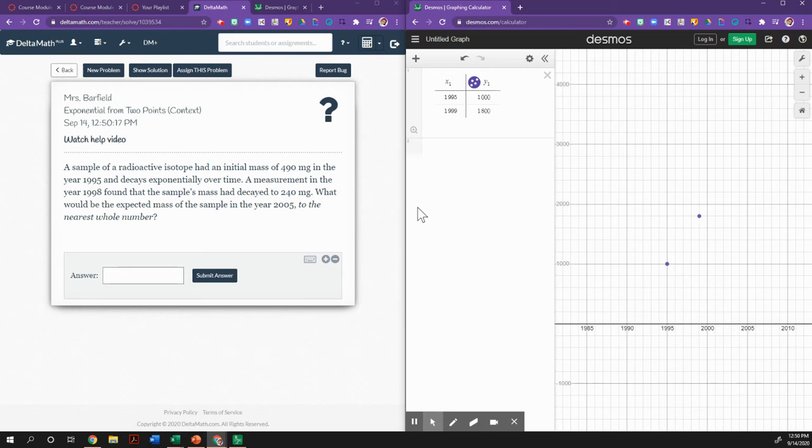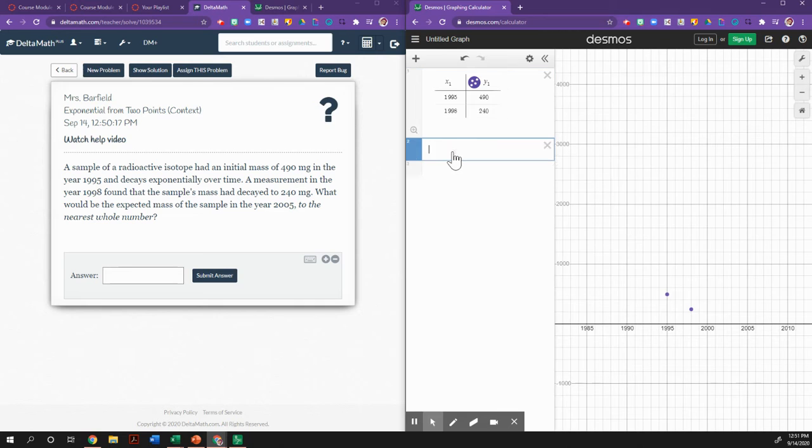What would be the expected mass of the sample in the year 2005 to the nearest whole number? So in 1995, we don't have to change 1995, but we had a mass of 490 milligrams. In 1998, make sure I type that in right, we were at 240 milligrams.